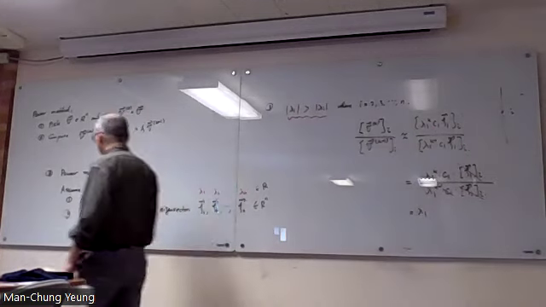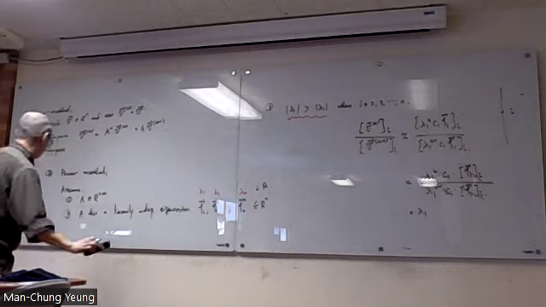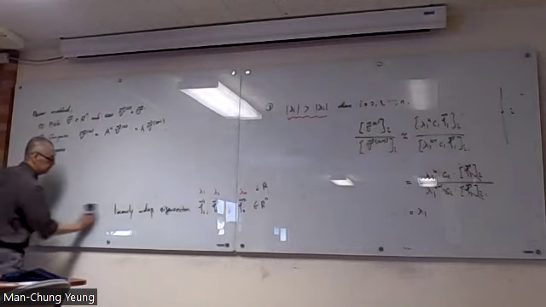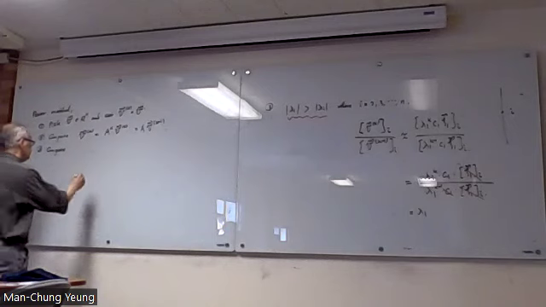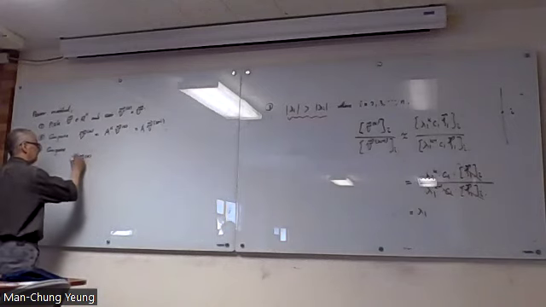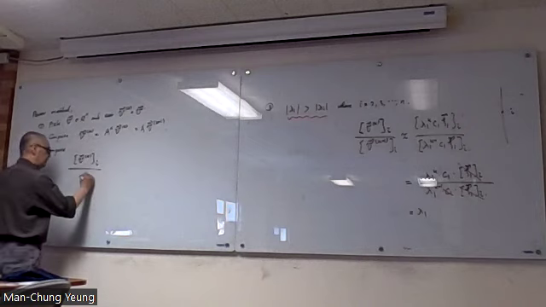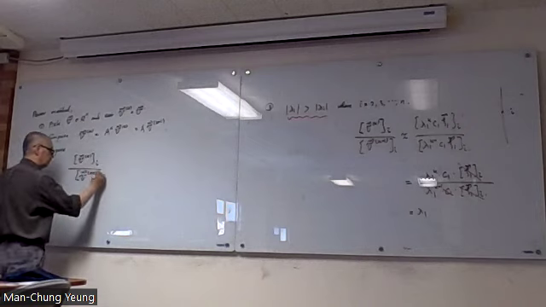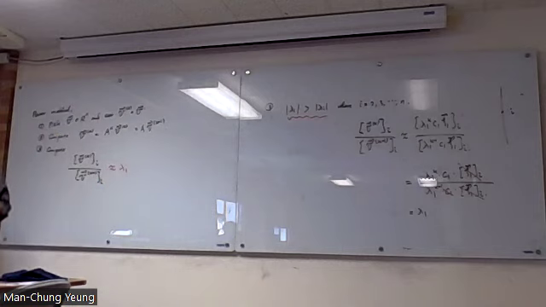Now compare the i-th entry of Vk over the i-th entry of V(k-1). This is roughly lambda 1, the dominant eigenvalue.